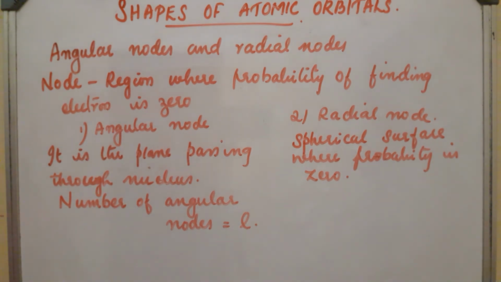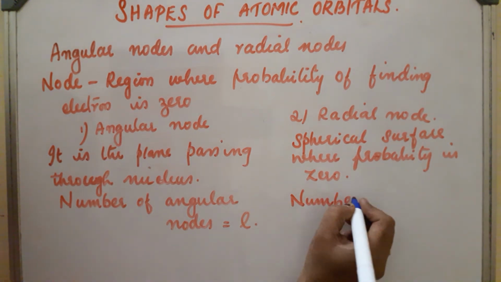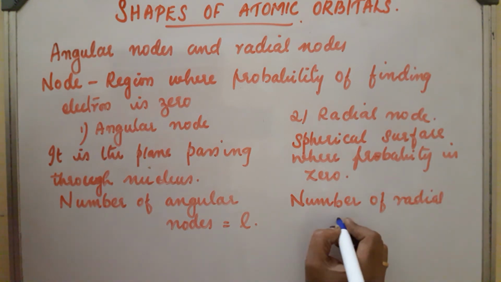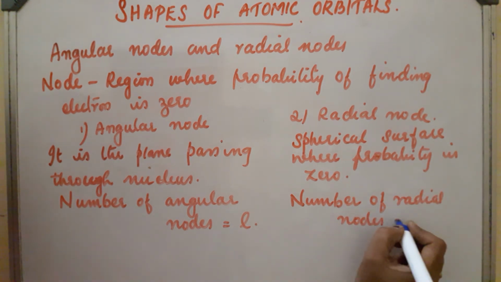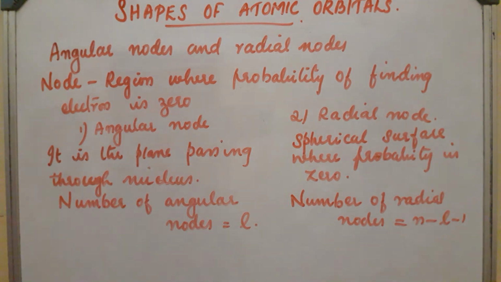So the total number of radial nodes equals n minus l minus 1. That is, it depends upon both n and l. As n value increases, the number of radial nodes also increases.